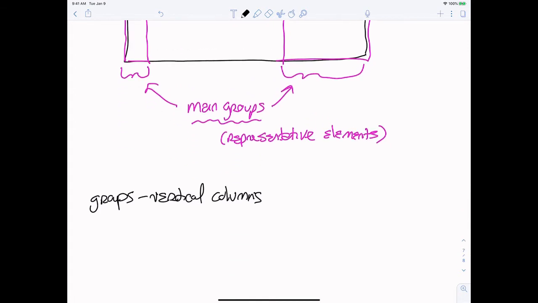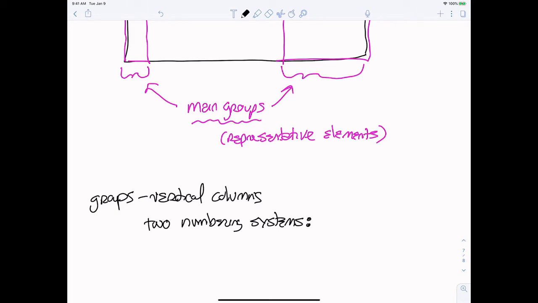There's actually 18 groups. And there's two different ways to number them. There's actually more than 18. We'll talk about that in a few minutes here.